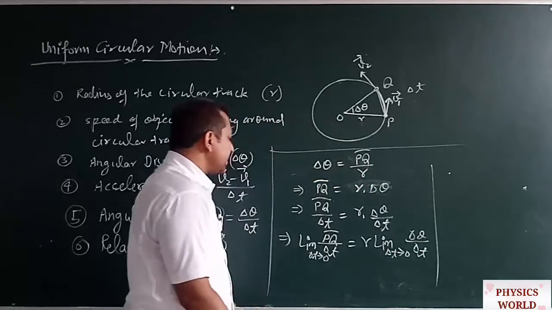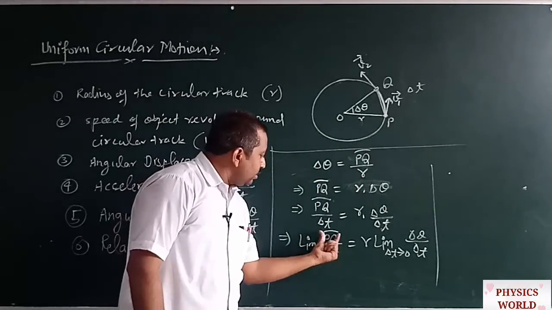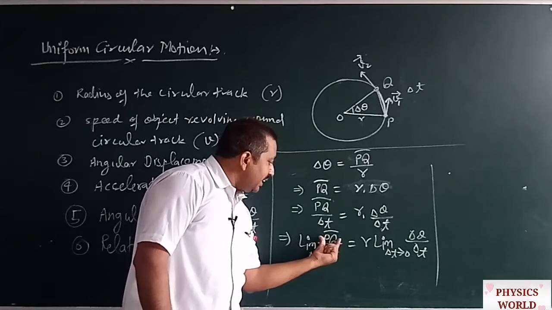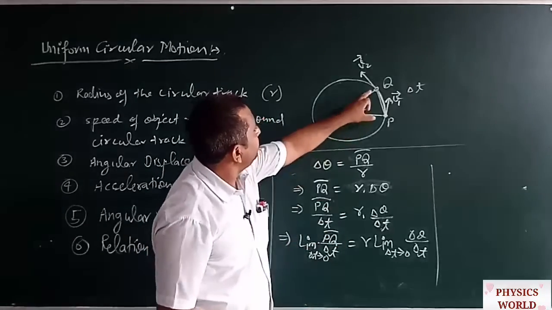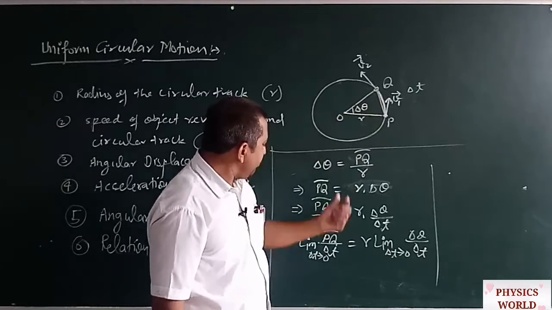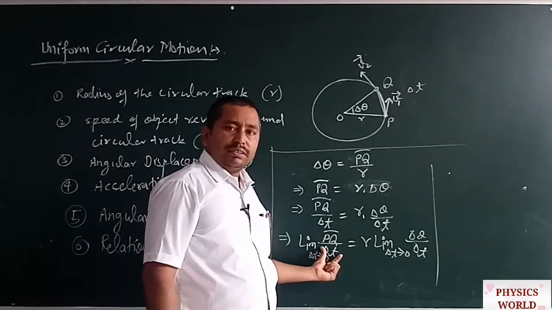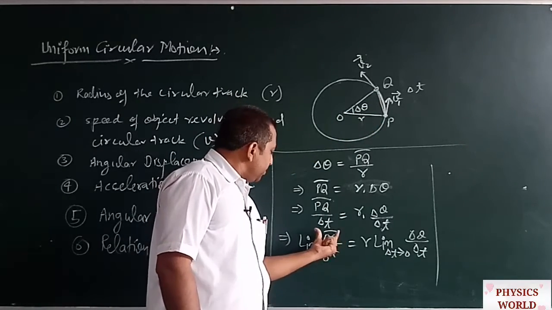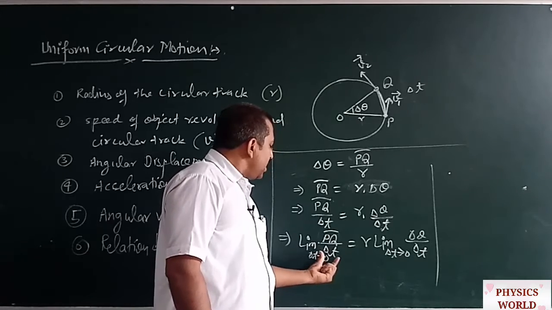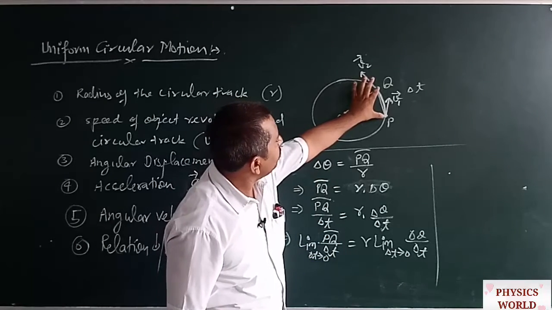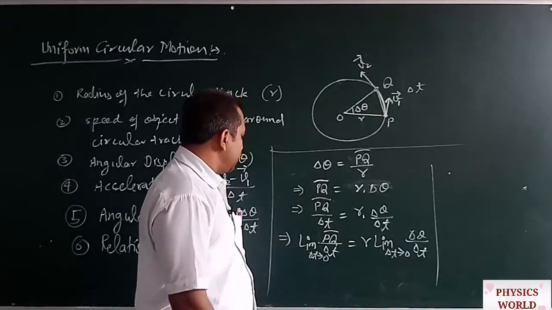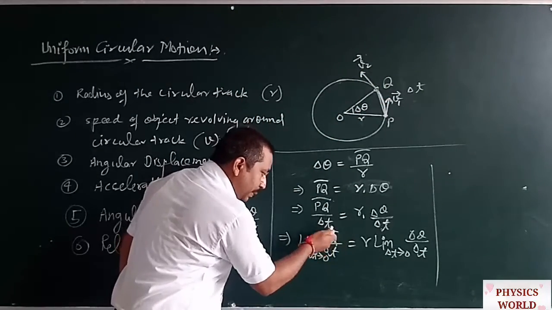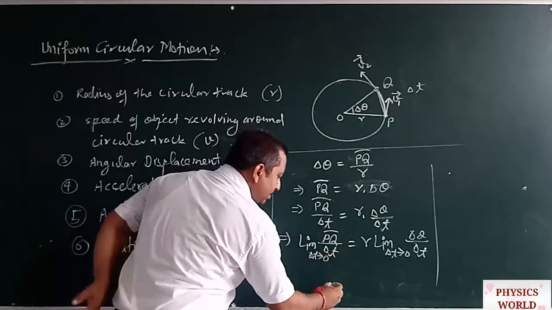So from here we get that the rate of change of this arc length can be considered as the chord, because when we take the time interval very small, close to 0, this arc length is considered as the chord. So this will be equal to the displacement created by the object. Displacement with respect to time is defined as the velocity.